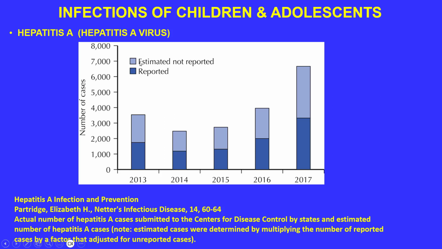You can see there are quite a few that are not reported, anywhere from 40 to 50% in some cases. All right. And that can be difficult because the unreported cases may also mean that these individuals didn't find out till much later on and may have contaminated others.